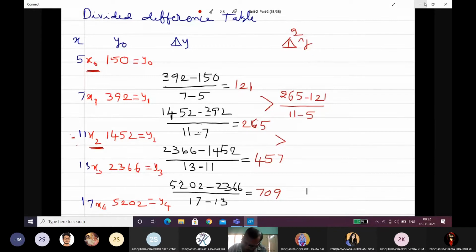Next, 457 minus 265 by x3 minus x1, 13 minus 7.